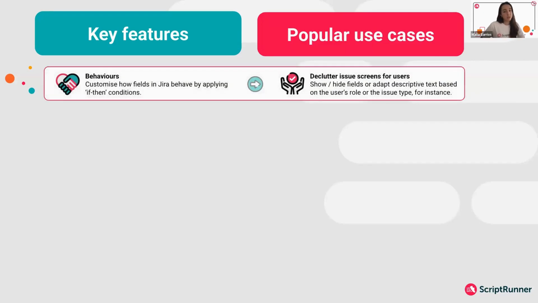As you might have guessed by the title of this webinar, today we're focusing on behaviors, which is one of the key features for ScriptRunner for Jira Cloud, which can assist you with decluttering your issue screens. But ScriptRunner can also help you enable other use cases too.